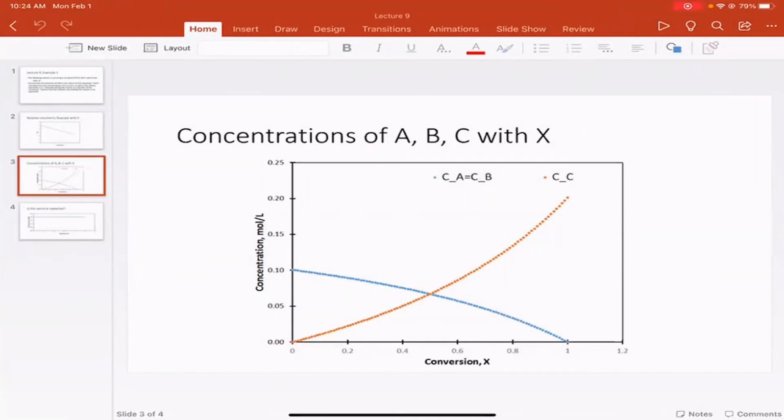Now, one of the really interesting things about this is that the concentration of C is going to reach a value that is essentially twice the concentration of A and B.